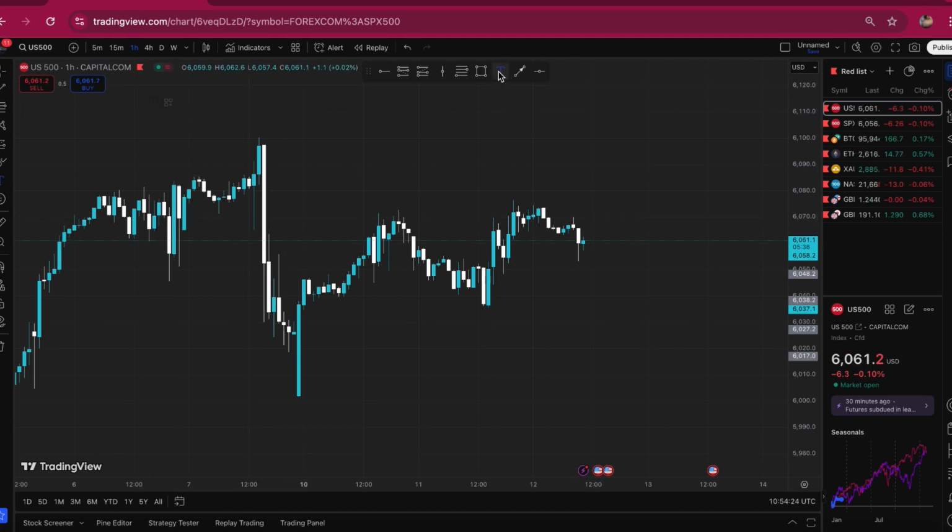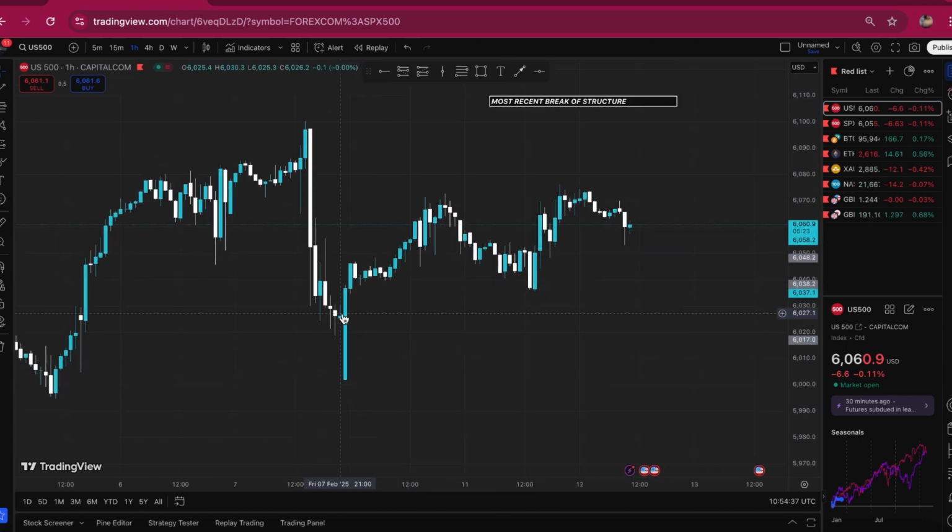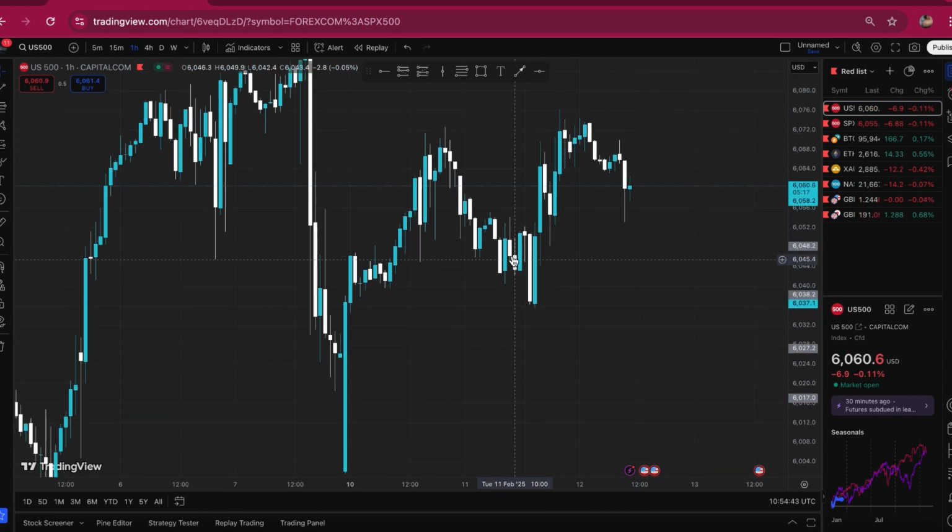So for my daily bias, what I do is I look for the most recent break of structure. Now, do you know what a break of structure is? It's pretty much something like this here, where you have a high, a low, and then price breaks above that.